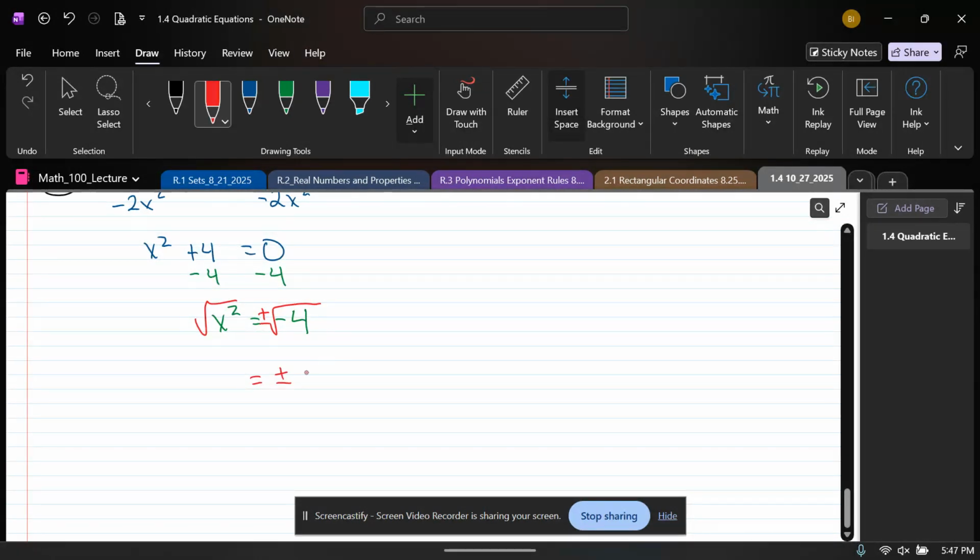Because it's negative, this is going to be 2i. That's the complex numbers coming up. If there's a negative under the square root, that's where that i comes from. Complex number system. We took the square root of 4 like we normally do, but then because it was negative, that's where the i came from.